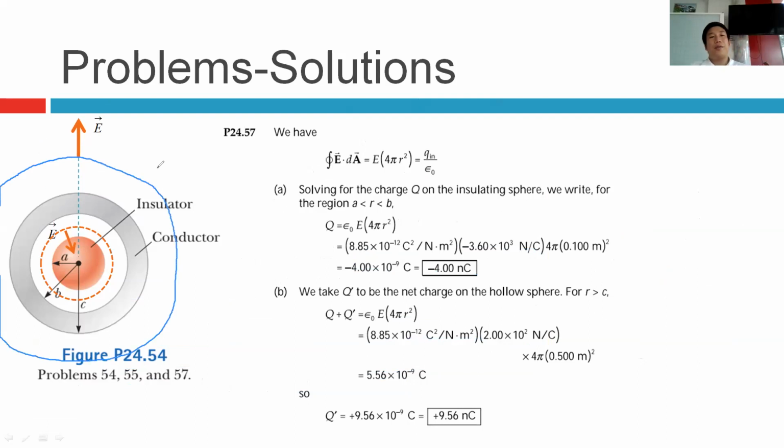We need to choose the Gauss surface here. We assume that inside the Gauss surface we have two materials that have charge. The first material is the insulator sphere, and the second material is the conductor.